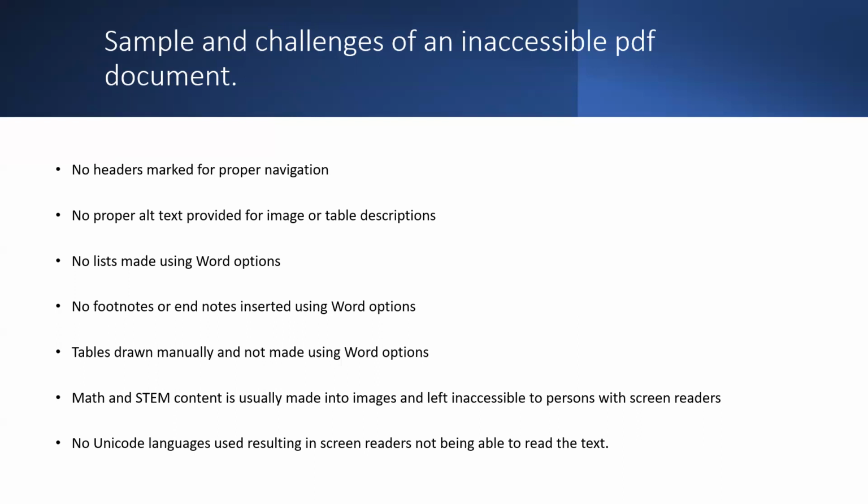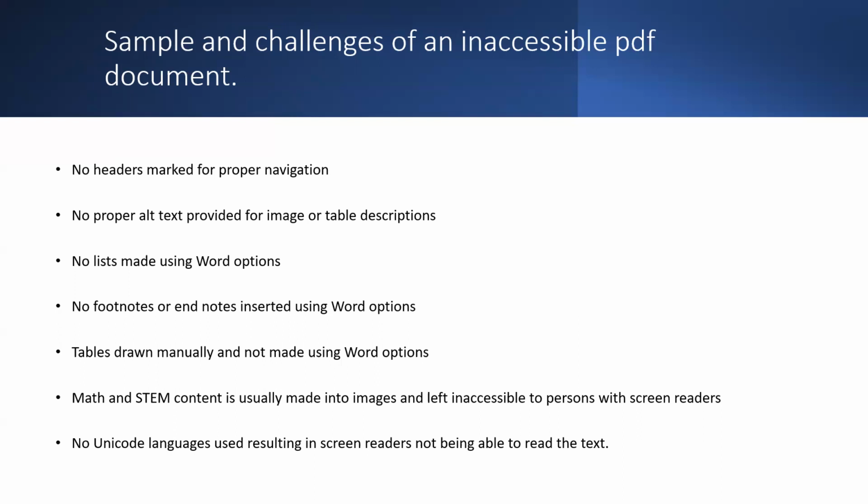It will read 1/2. That is not the correct way of denoting a fraction. It won't read superscripts, it won't read subscripts. And that is if it is made a little accessible. If it was made completely inaccessible, it will just be there as an image. The complete math equation would be there as an image.